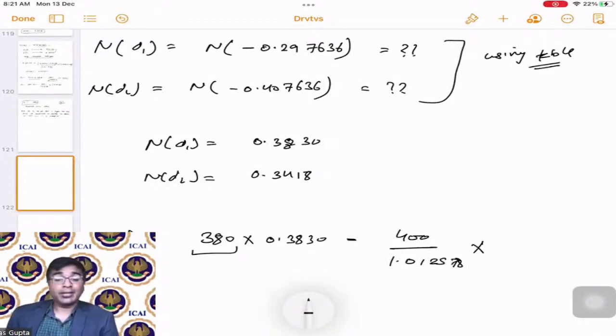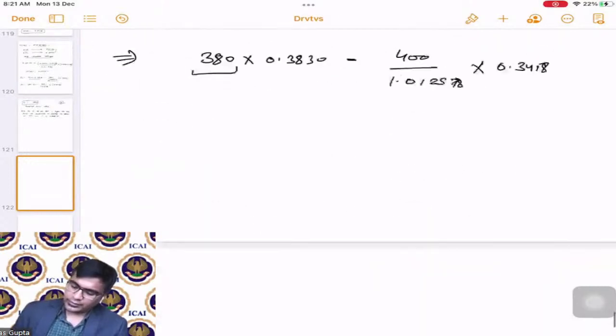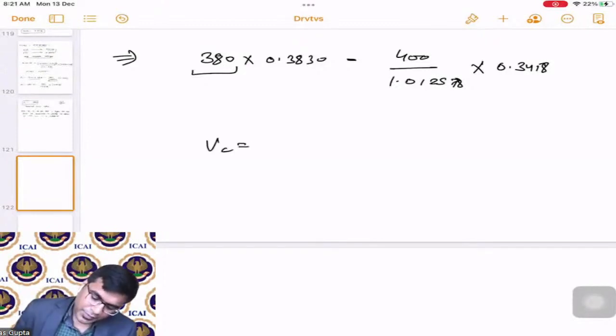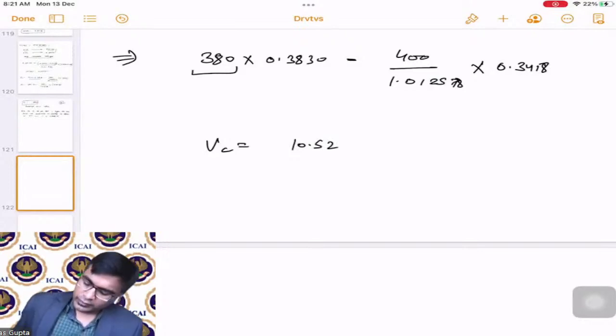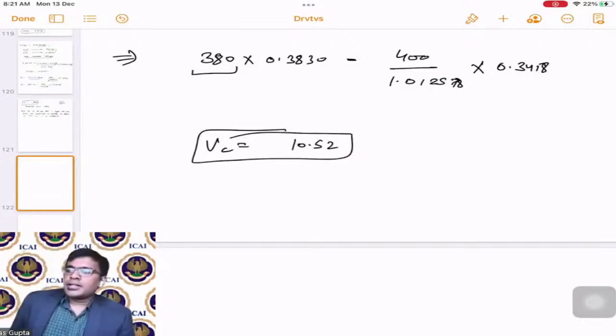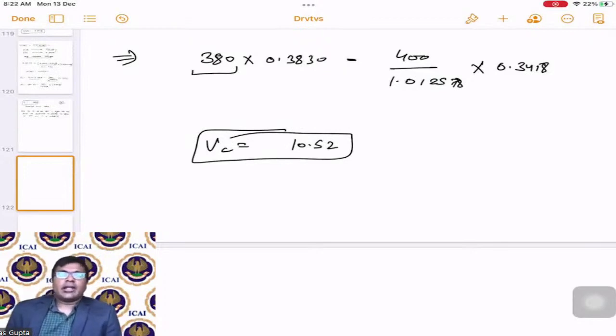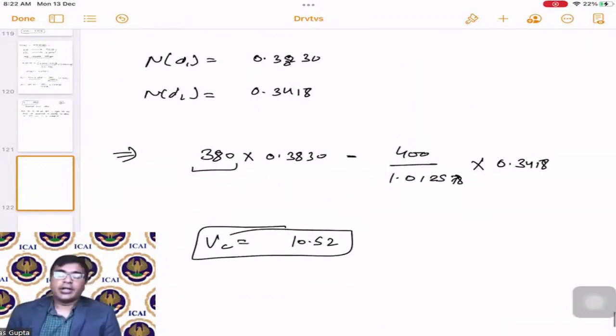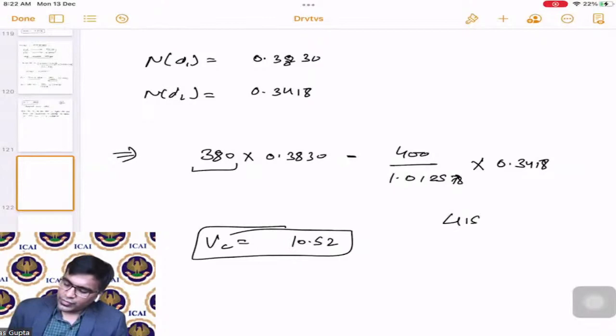The present value of the strike price will remain the same, the denominator as well as the numerator, multiplied by 0.3418. Correct? So this will give us the value of the call option as equal to 10.52. So this 10.52 is actually the value of the call option if we reduce the spot price from 415 to 380.